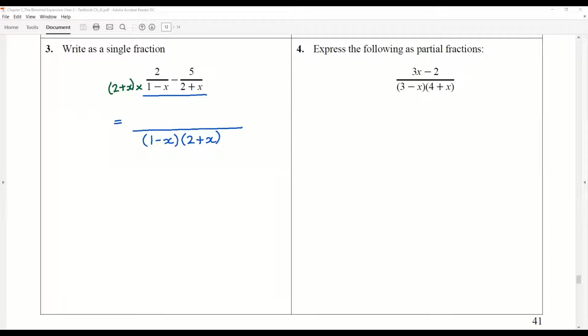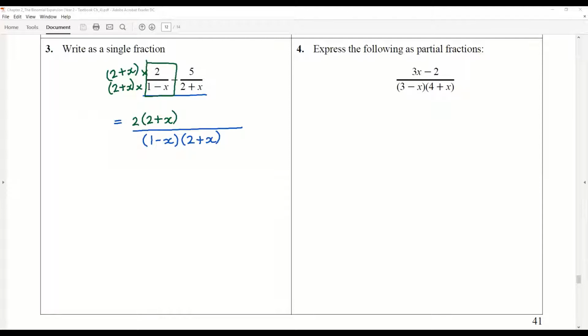If I'm going to find an equivalent fraction, I have to do exactly the same thing to the numerator. Otherwise it won't be an equivalent fraction. So in my numerator, I need to have 2 multiplied by 2 plus x. And you can see if you just cover the 2 plus x in the numerator and denominator, they will cancel and you will get back to the 2 over 1 plus x that we started with.